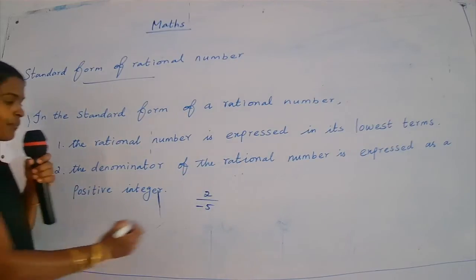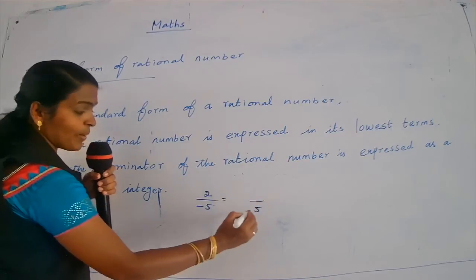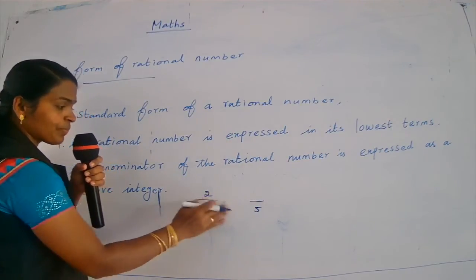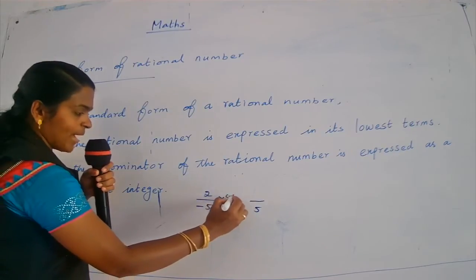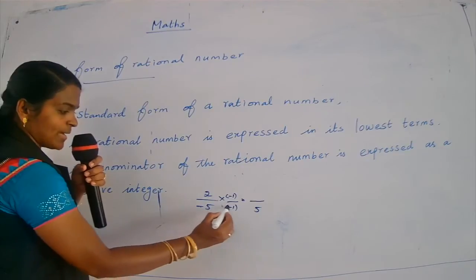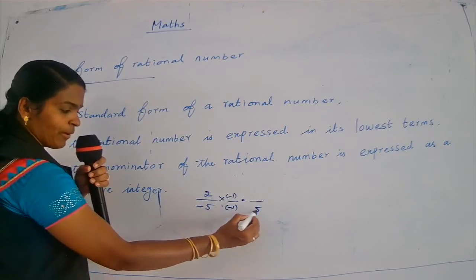How? You need a positive denominator, plus 5. So you multiply by minus 1 divided by minus 1. Minus into minus is plus, 5 into 1 is 5.